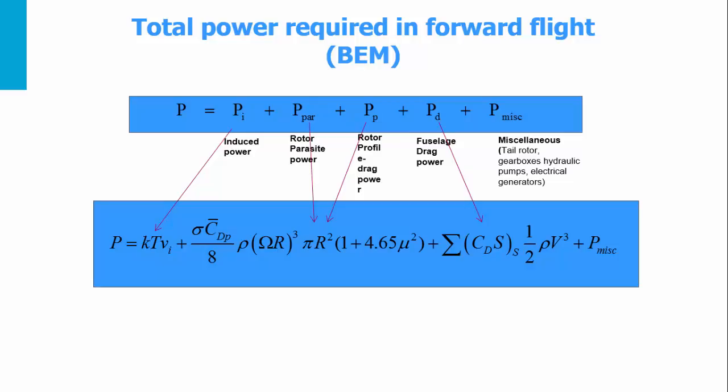This miscellaneous power is usually 3 to 6% of the power required for the rotor. Substituting in this summation the values that we just derived of the integrals results in a simple formula which involves the advance ratio, the thrust of the helicopter, induced velocity, the mean drag coefficient and the flat plate area.